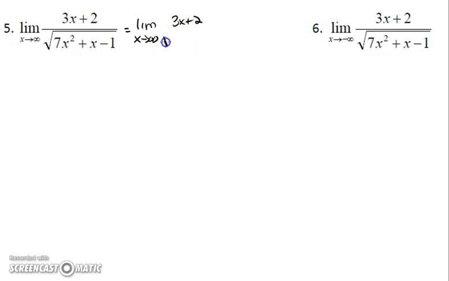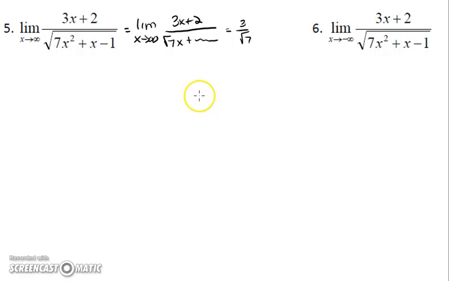We would get the square root of 7 times x plus some other stuff in the denominator. So our powers of x are actually the same here, so they're growing at the same rate. So our limit here is actually just going to be 3 over the square root of 7.